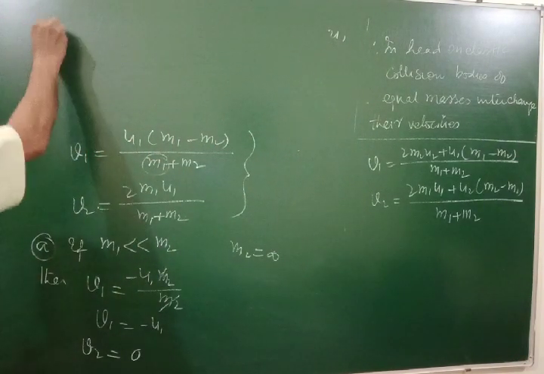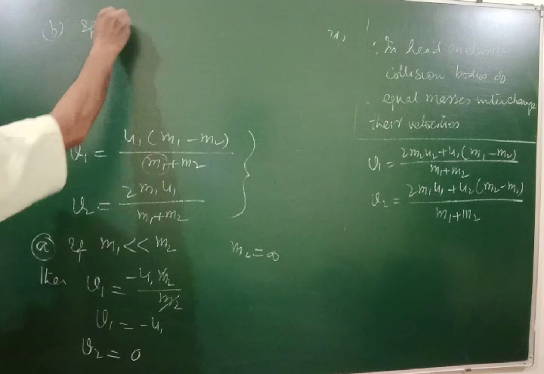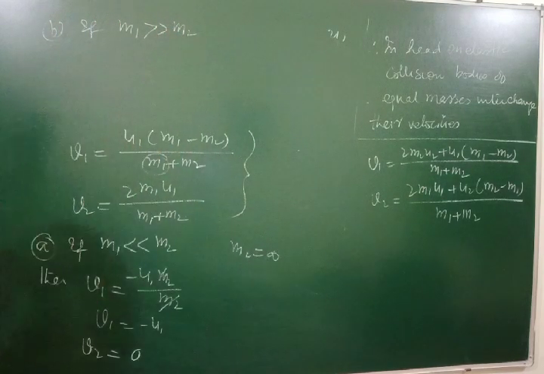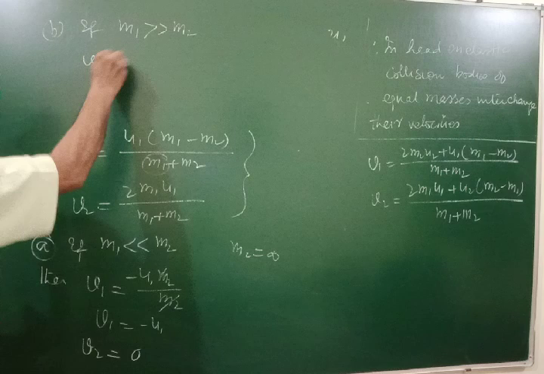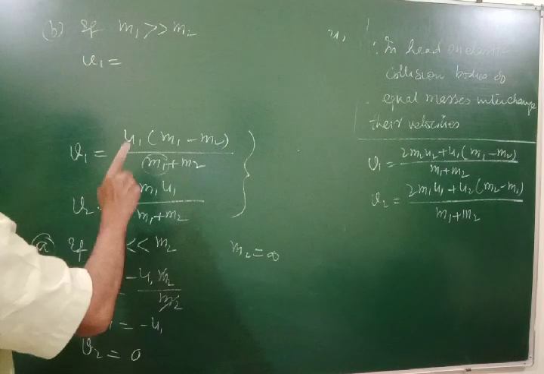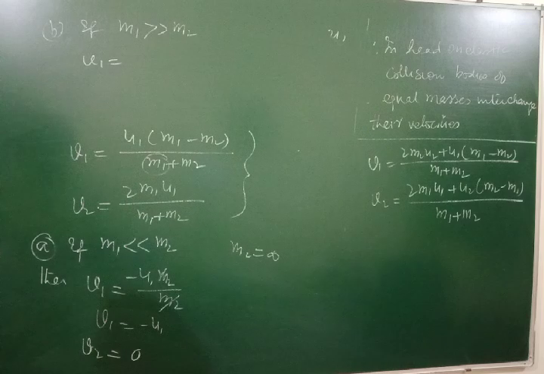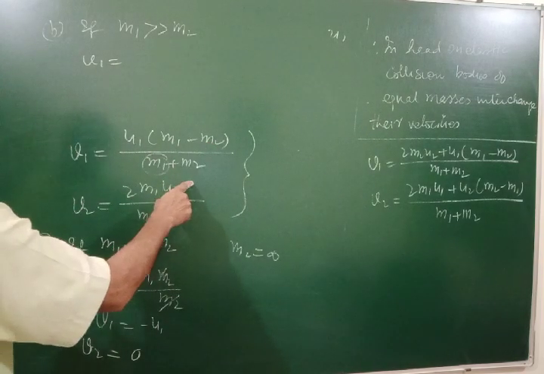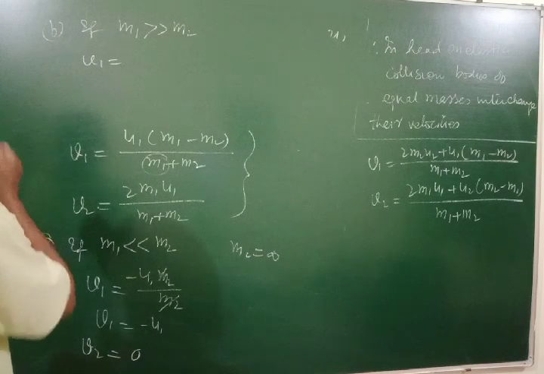Now B part, if m1 is much greater than m2, तो अब हमारा m2 नेगलिजिबल स्मॉल, then v1 is equal to u1 into m1 upon m1. M1 वेरी लार्ज नंबर है ना, तो क्या होगा भाई.